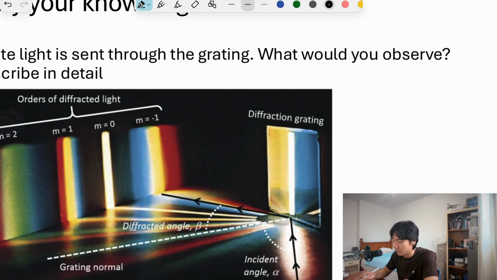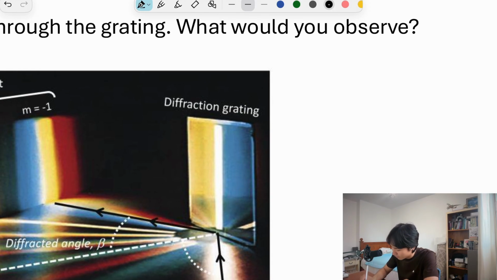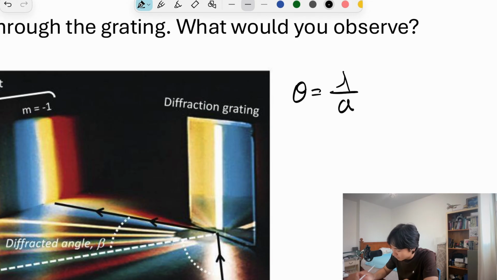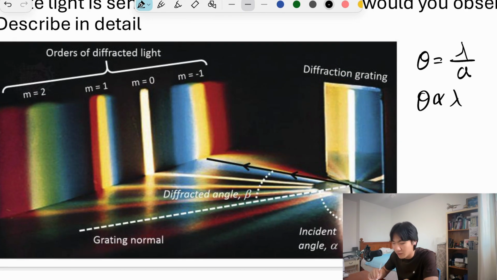That's partially one of the Huygens-Fresnel principle, that we learned that the angle of diffraction is directly proportional, no, is equal to lambda over the aperture. So theta is directly proportional to lambda, which means that the larger the wavelength, the larger the diffraction angle is going to be.